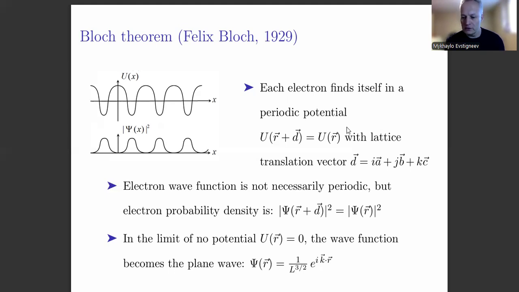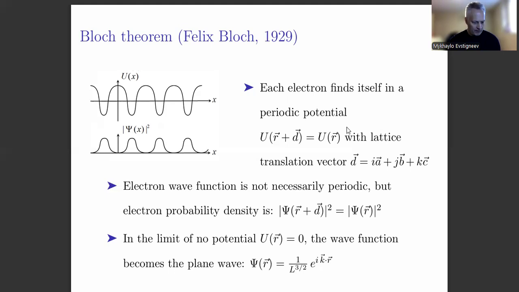Without performing any calculations, we can say the following. The wave function of the electron will not have the periodicity of the crystal lattice, because the wave function itself cannot be measured. The phase of the wave function cannot be measured.